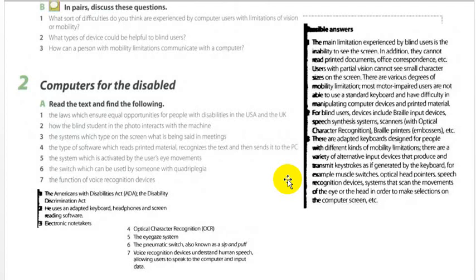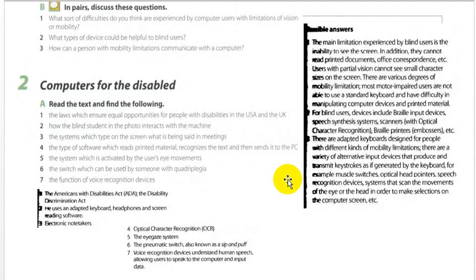The law which ensures equal opportunity for people with disability in the US and UK. How does the blind student in the photo interact with the machine? He uses an adapted keyboard, a headphone, and screen reader software.